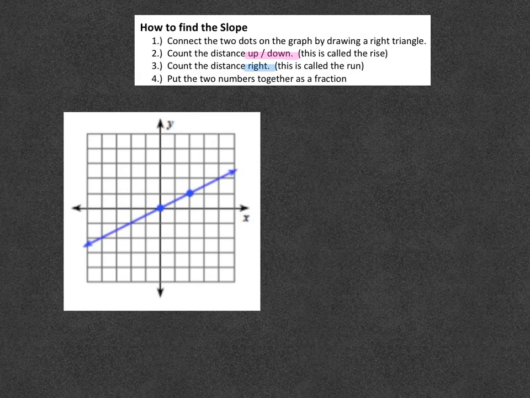This time when you take a look at the graph and you start from this side, this looks like you're walking up a hill. So that means this is going to go up and then always to the right. So I'm going to put those words over here. This time we're going up and to the right.